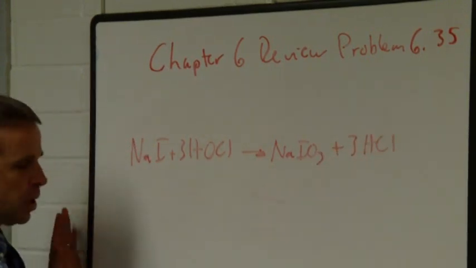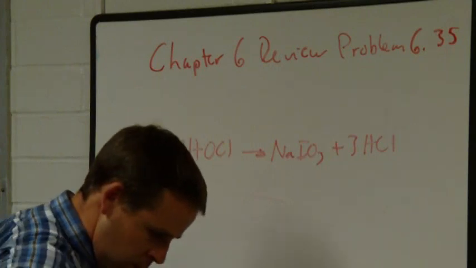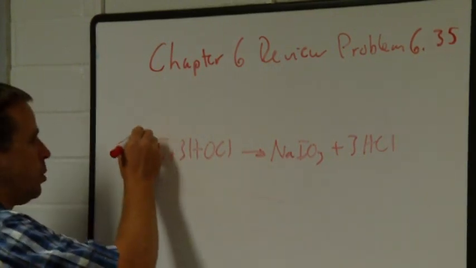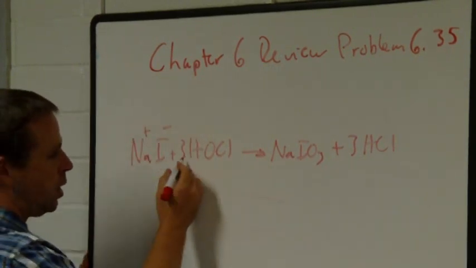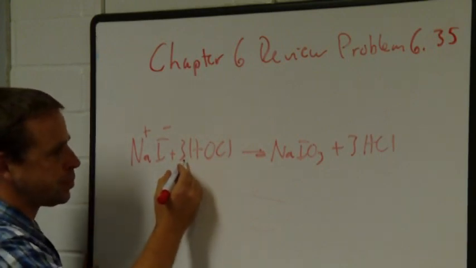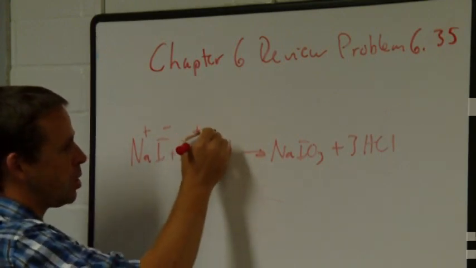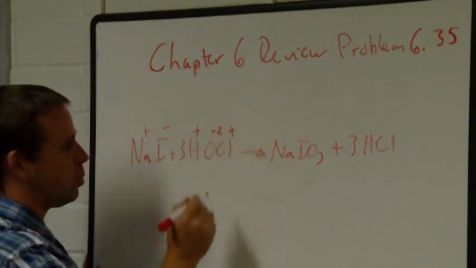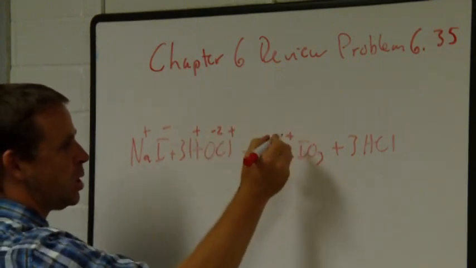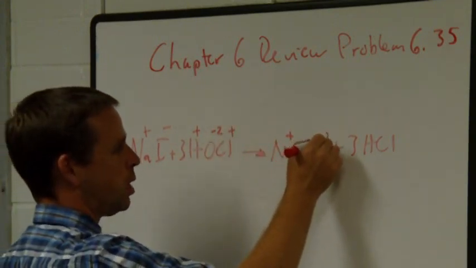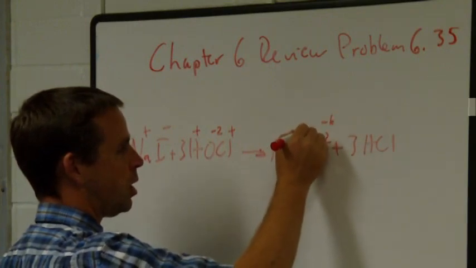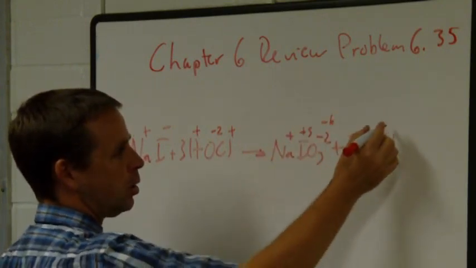Okay, so you have to identify the oxidation numbers there. All right, sodium plus, iodine minus, H plus, oxygen -2, chlorine has to have a plus charge there. Sodium plus, oxygen minus 2, minus 6, plus 5 on the iodine.